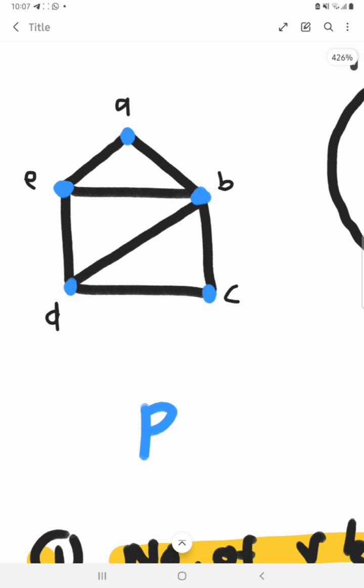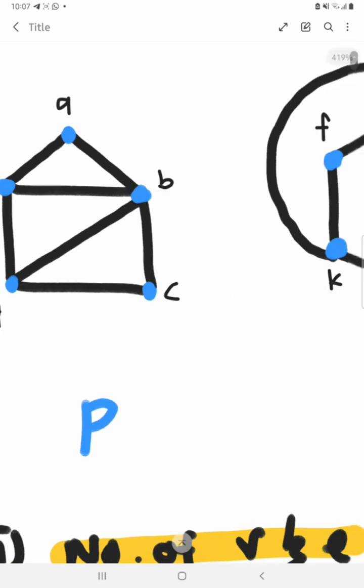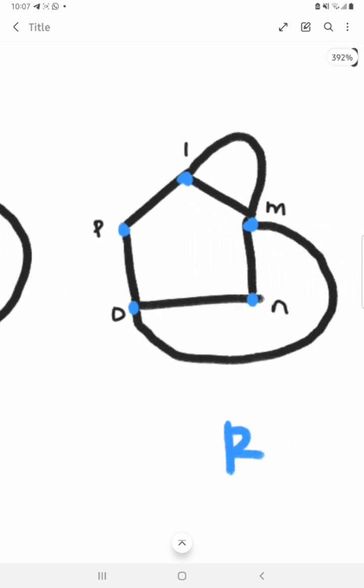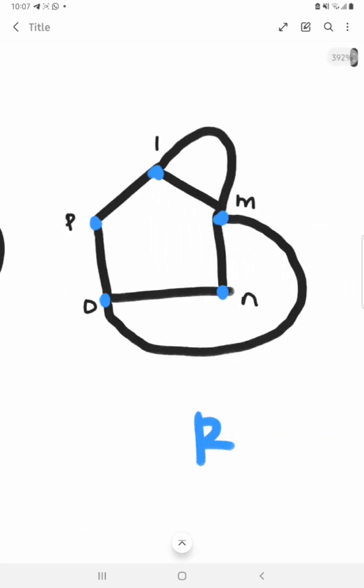For example, we take the point B. B has 4 degree, and one neighbor has 2, the other neighbor has 2. Okay, so let's look at which graph has 4, 2, 2. Okay, so this is 4, so 1, 2, 3, 4. Is it 2 here? No, this is 3. Okay, is this 2?